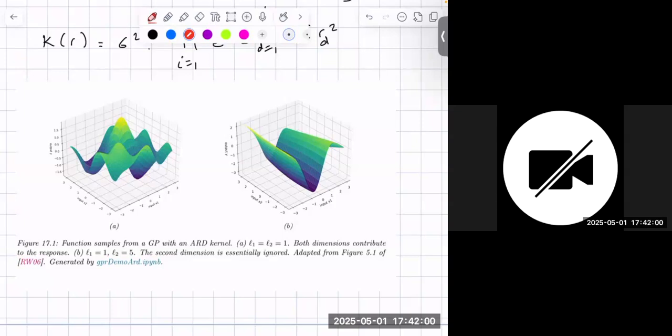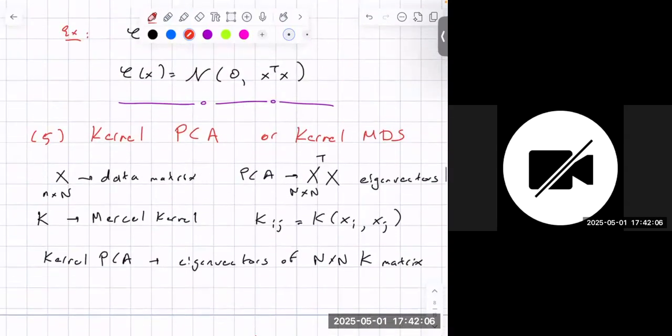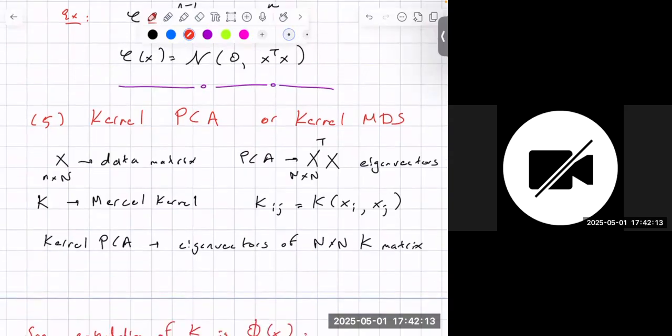Okay. All right, fine. Now I have about 3 minutes. I'll do something, then we will go for the rest next time. So the first thing people would do with this is something called kernel PCA. What I want to do is this.